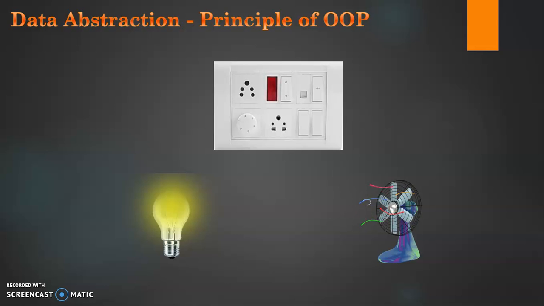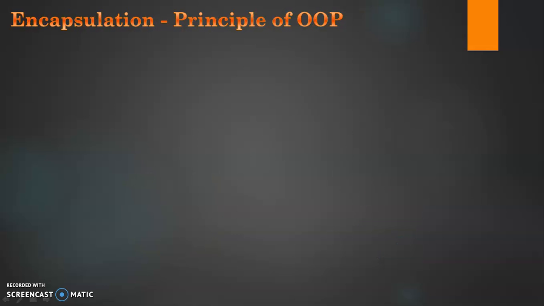Now, let's move on to the next principle, that is encapsulation. In my previous video on object-oriented programming, I already told you that the data and the methods are grouped or merged together in a particular block of a program, that is an object.